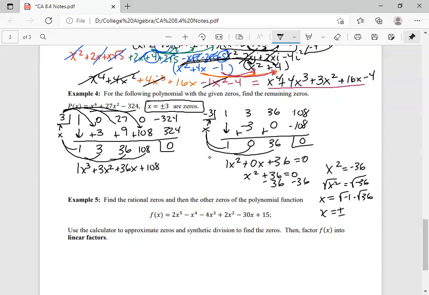Dealing with square roots, so we're going to have a plus or minus. i, square root of -1 is i, and this would be 6. So plus or minus 6i would be my final answer. So my other two zeros are 6i and -6i. The quad program would give you those if you hit enter twice, right? Okay.